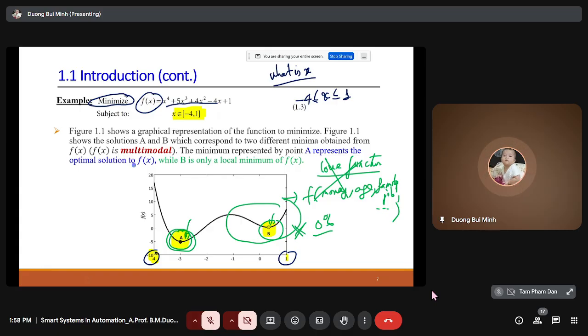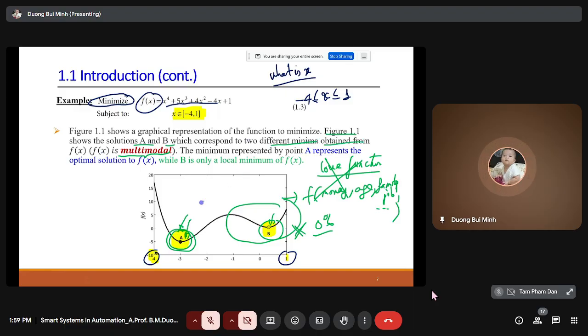That's the reason we say multi-modal. Why? Because we have an optimum here and an optimum here, but we don't know which. We have some optimization methods that will help you determine point A. Figure 1.1 shows the solutions A and B, which correspond to two different minima obtained from f(x).